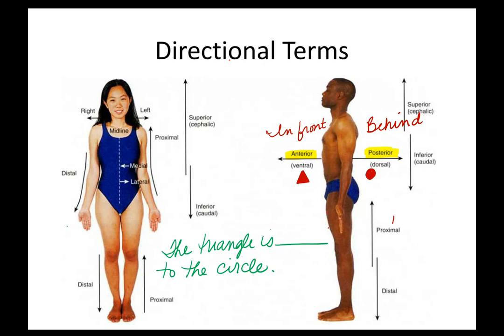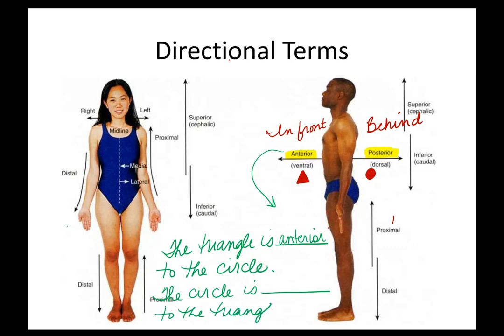Because it's in front of his body. So in that case, you would use the word anterior, because the triangle is in front of the circle. It's anterior. That's just the proper term to use. The circle is blank to the triangle. So if the circle is back here, is it behind the triangle or is it in front of the triangle? It's behind. So again, using the proper term, you would say it's posterior.